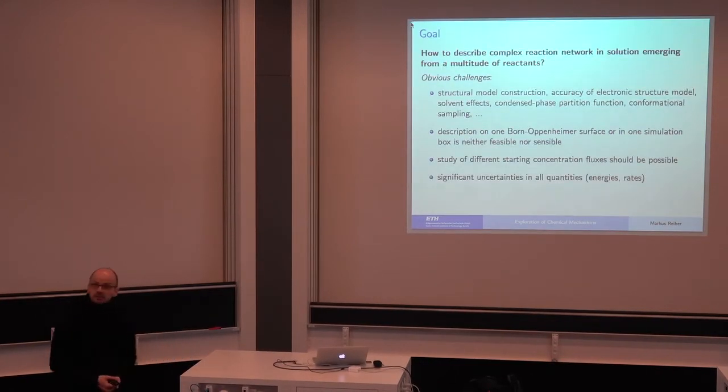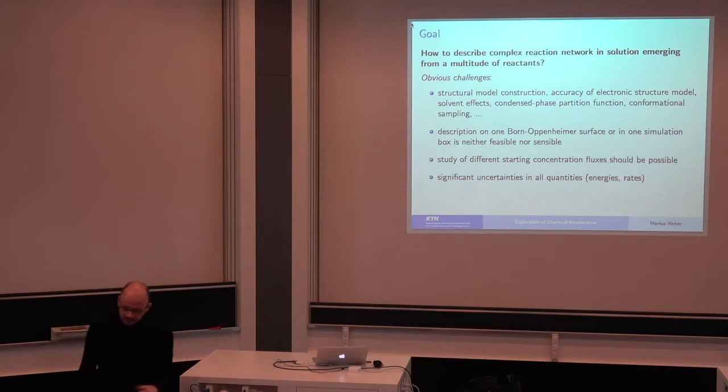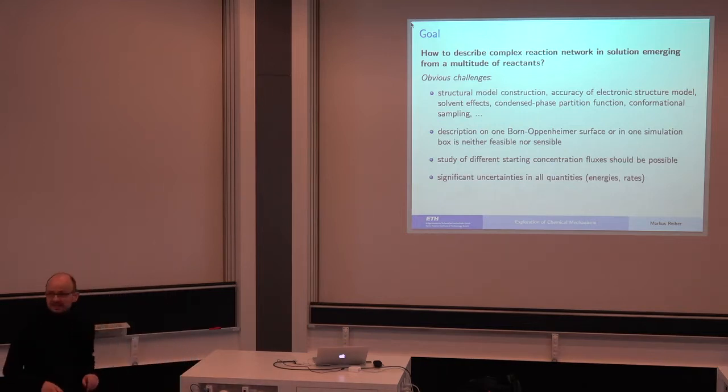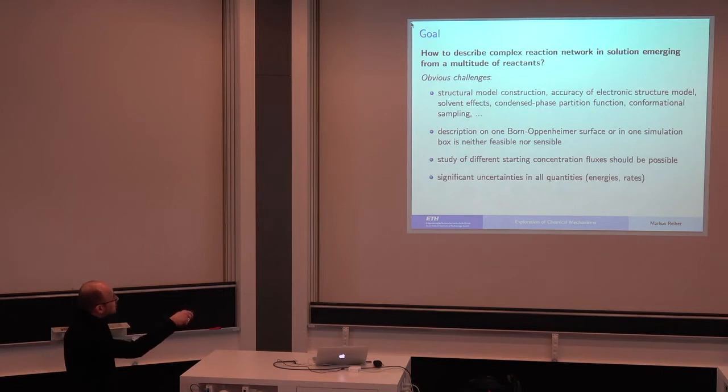This is our goal, what we try to achieve: we want to describe complex reaction networks with a multitude of reactants with thermodynamical and kinetical means. And of course, this implies a huge amount of obvious challenges, starting with the construction of structural models, which electronic structure people always kind of ignore.